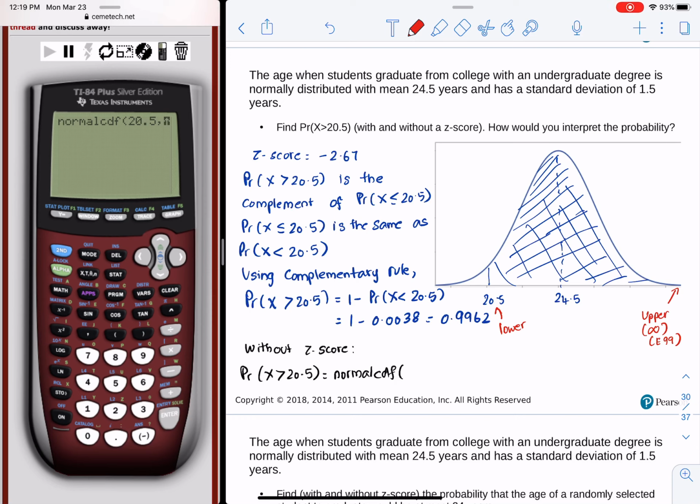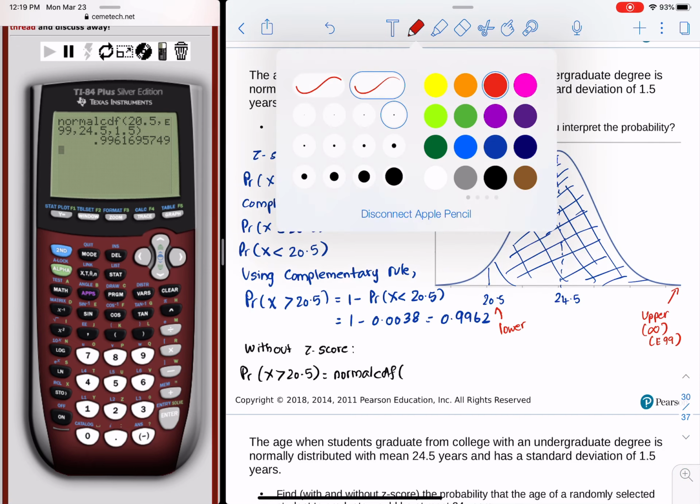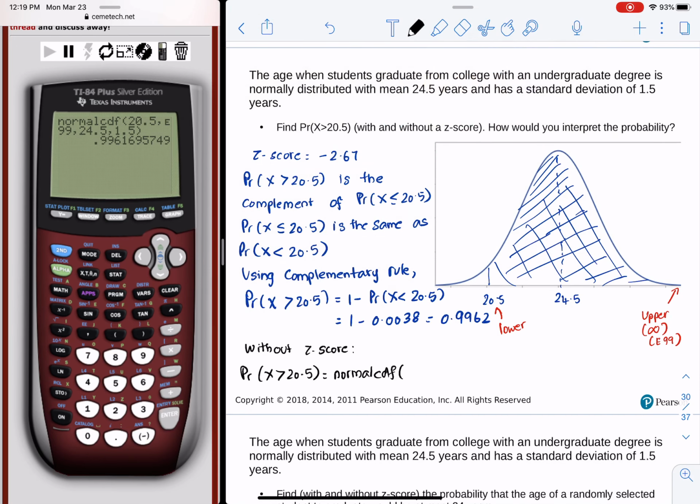We end at E99, second comma 99. The mean is 24.5 and the standard deviation is 1.5. And enter, we get 0.99616, which is approximately 0.9962.